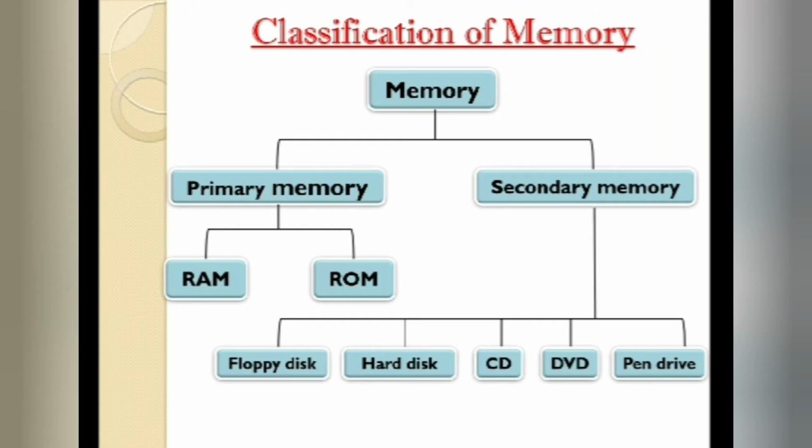The memory is classified into two types: one is primary memory, another one is secondary memory.